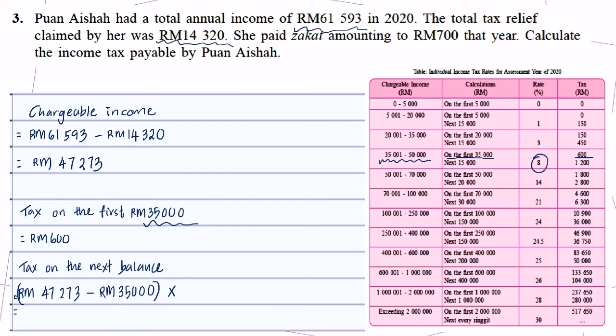The rate for the tax on the next balance is 8%. Tax on the next balance equals 981 ringgit 84 cents.